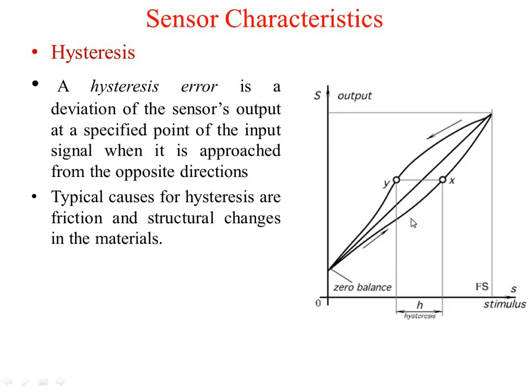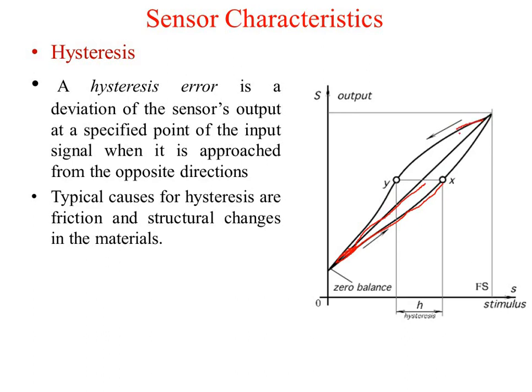So let us consider that this is the graph and you are expecting this straight line as an output. But what is happening is, at a particular point when you start giving the input, your output follows this graph and it reaches the maximum, and after that it comes back again.